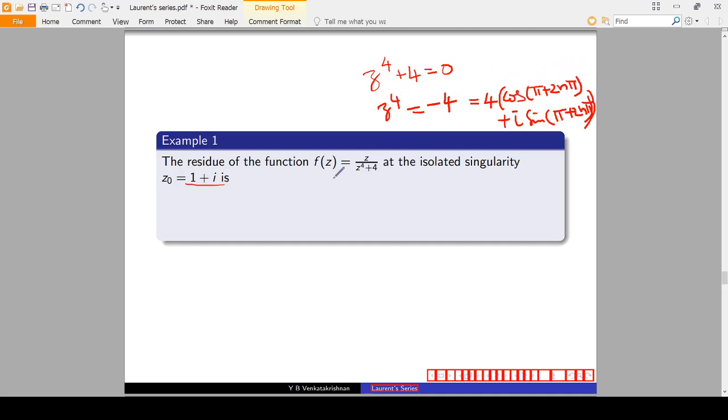One such singularity will be z naught is equal to 1 plus i.